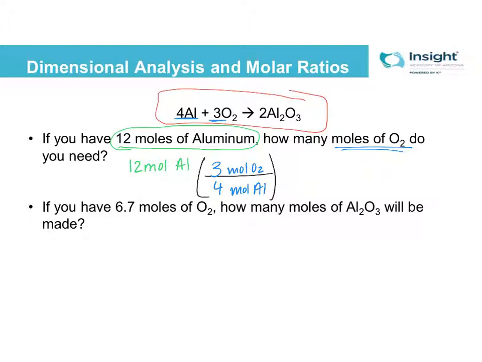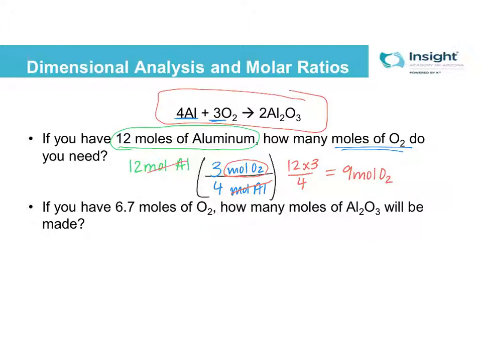So moles of aluminum cancel out. I'm going to have 12 times 3 divided by 4, which is going to be 9. And the unit that I didn't get rid of is the unit of my final answer. So 9 moles of oxygen.